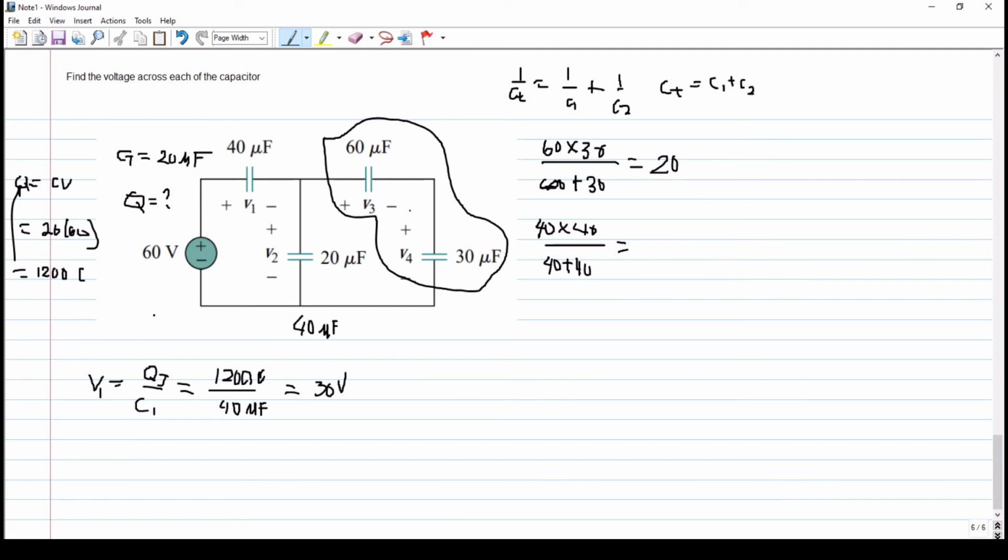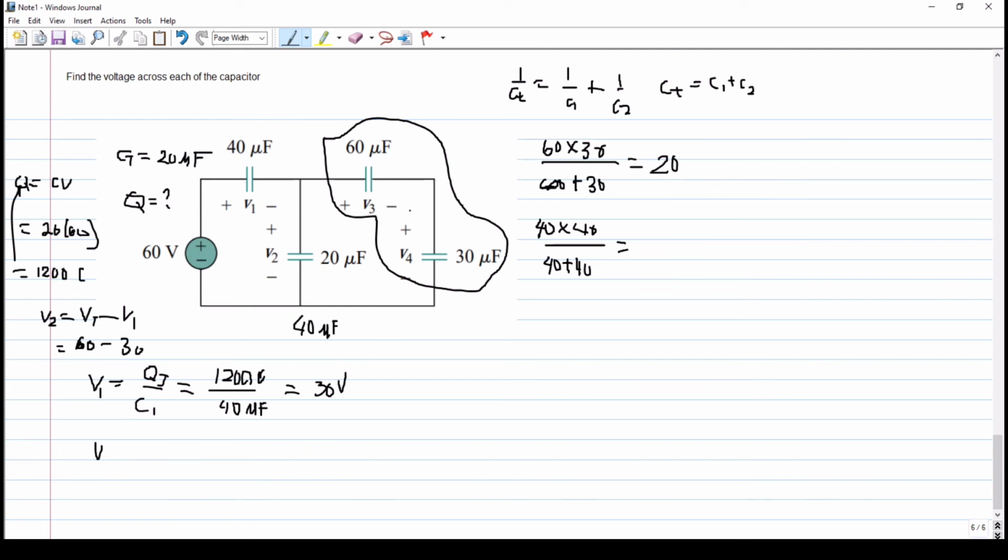Again, take note that in a series capacitor, the voltages will add. So therefore this is V1 and V2, then the VT. So V2 here is equivalent of VT minus V1. Okay, so 60 minus 30, so that is equivalent to 30 volt.